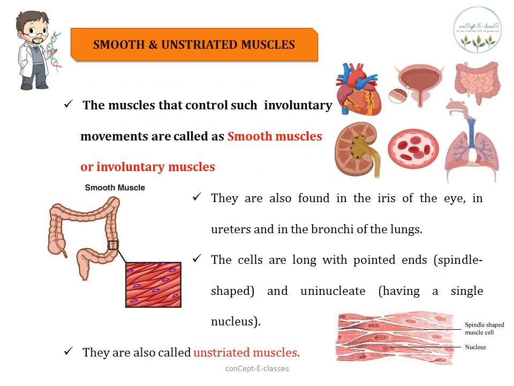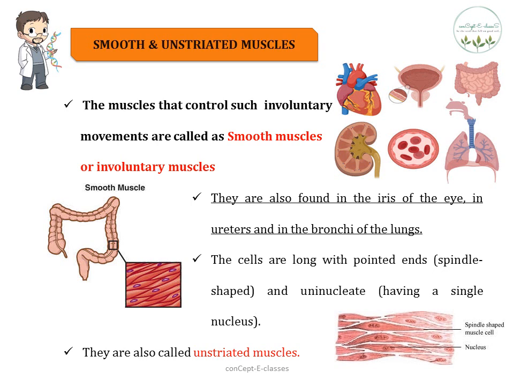So the muscles that control such involuntary movement are called smooth muscles or involuntary muscles. So where can such types of muscles be found? They are found in the iris of our eye, in our ureter, in the bronchi of our lungs. So these muscles cannot be controlled by our will. They are involuntary muscles and they're also called smooth muscles.